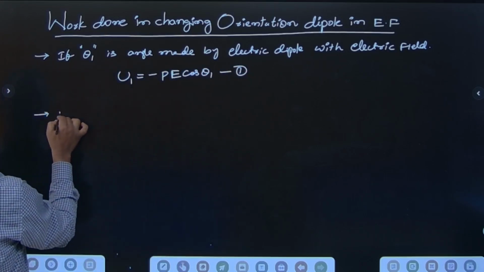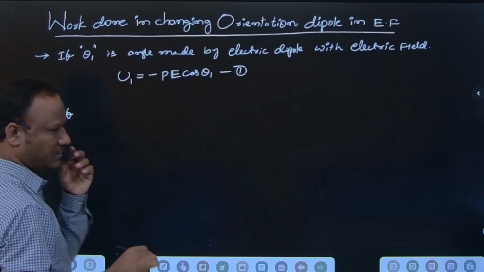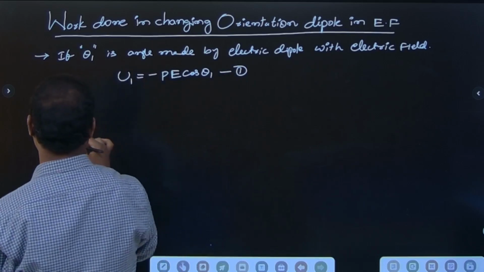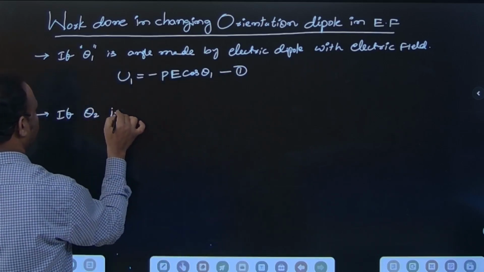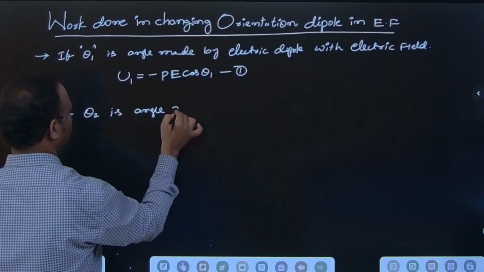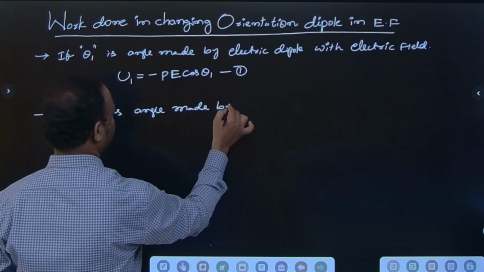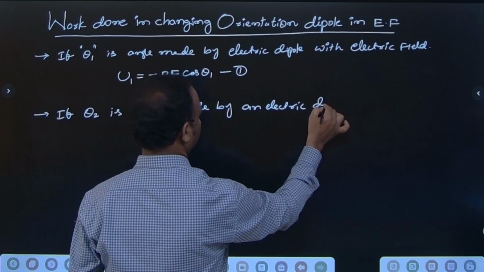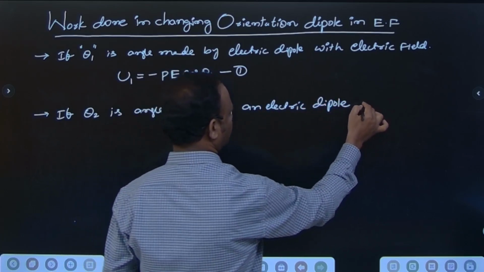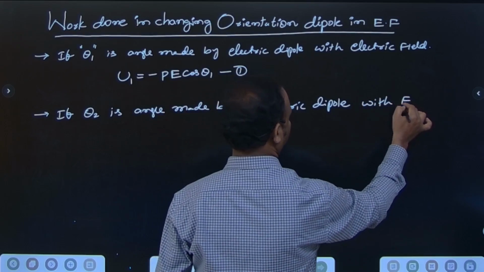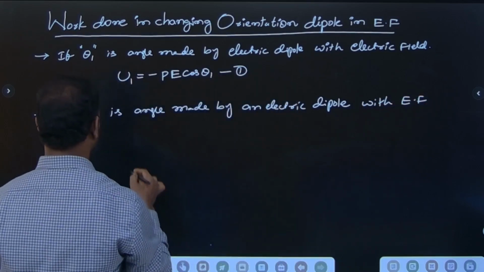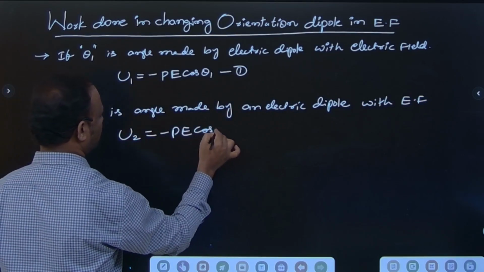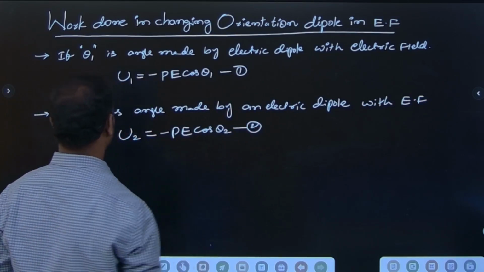Now I want to rotate this electric dipole from theta 1 to theta 2. If theta 2 is the angle made by the electric dipole with the electric field, then U2 is equal to minus pE cos theta 2. This is the second condition.